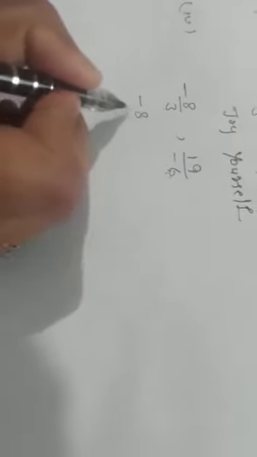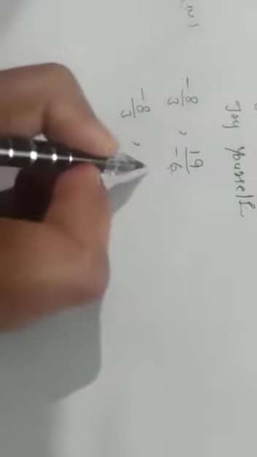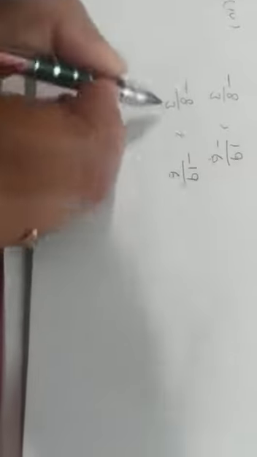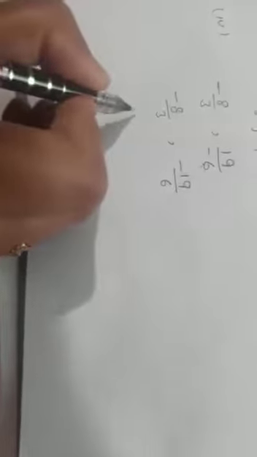This is minus 8 by 3 and you can write it as minus 19 by 6, because it does not matter whether the minus is with the denominator or with the numerator. If it is with the denominator you can write it with the numerator, because in standard form we have already done it. So now both denominators are positive, so we will compare.